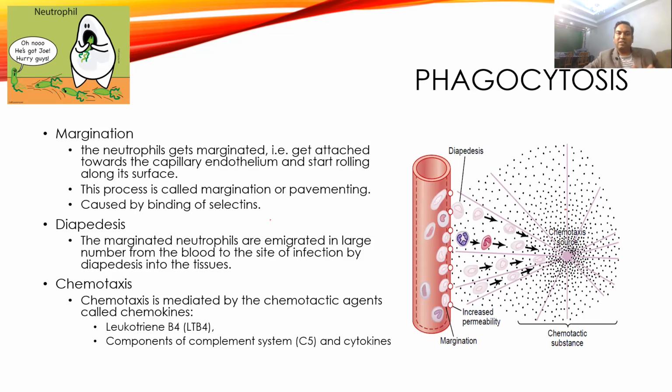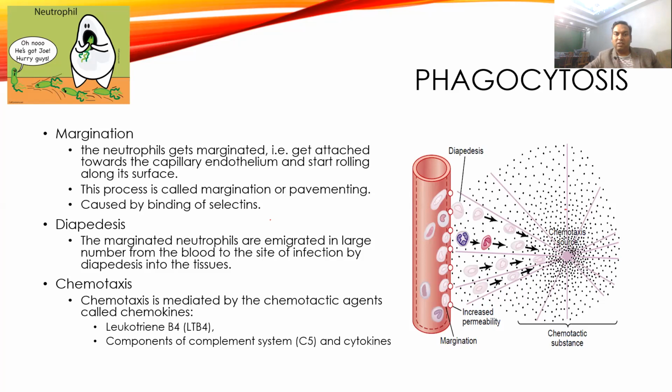Margination is when an inflammation occurs, the macrophages release chemicals into the tissue, and they diffuse through the interstitial spaces and come to the blood vessels, capillaries. Once it comes to the blood vessels, it starts attracting the neutrophils, and the moving neutrophils will come and attach themselves to the margin of the blood vessels or capillaries, and this mechanism is called margination.